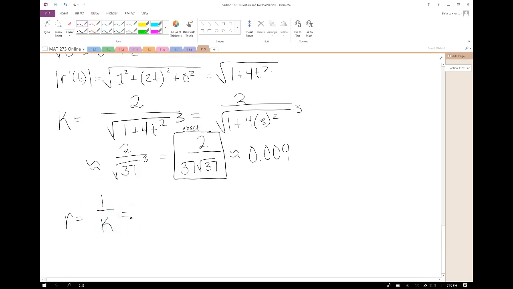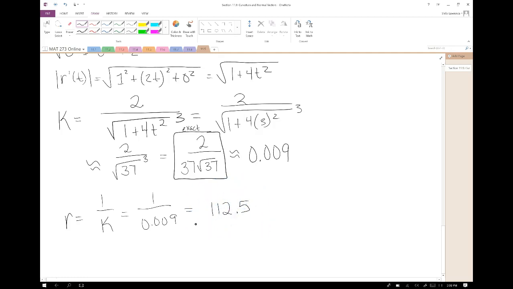The curvature is about 9 thousandths, so that's a really tiny curvature, which means we can draw a tangent circle that's really, really large in this spot. So 1 over your curvature will give you the radius of your tangent circle, which is about 112.5. So that's a really, really big circle.